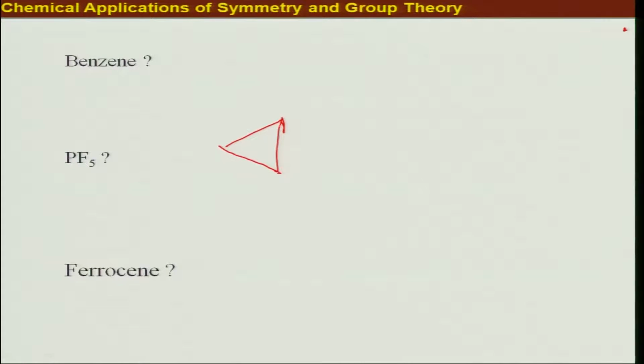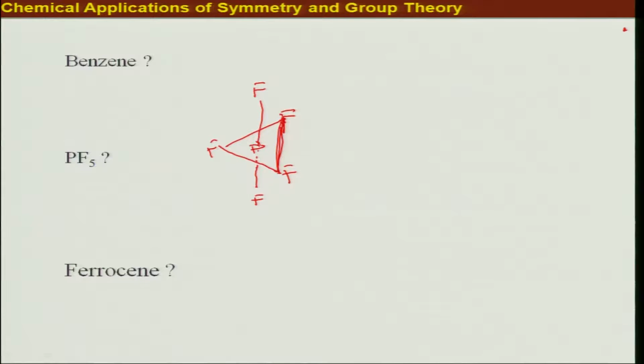Every corner there will be one fluorine, and in the axial direction there will be one fluorine, while here there will be one more fluorine, and phosphorus will be sitting here.